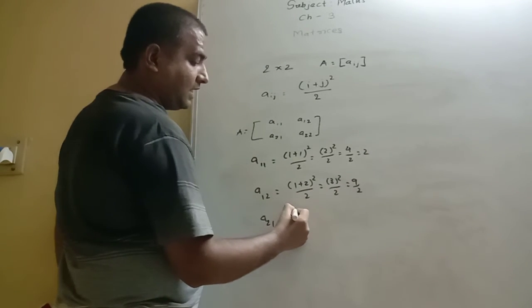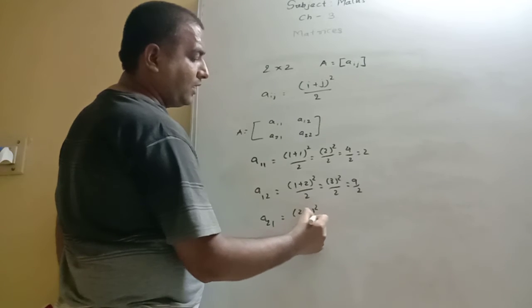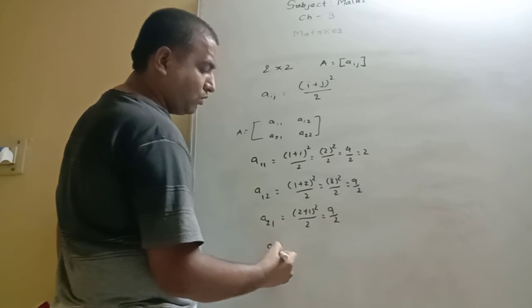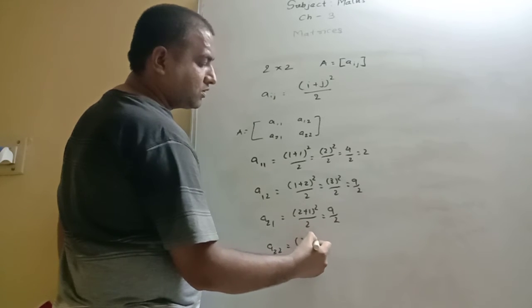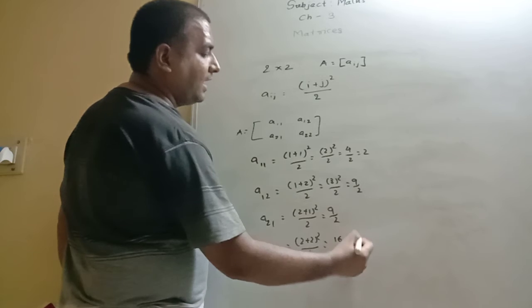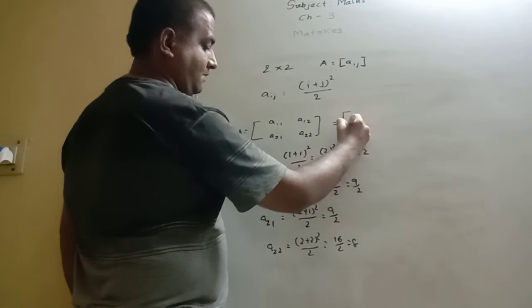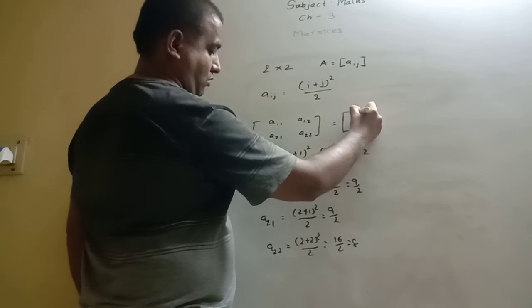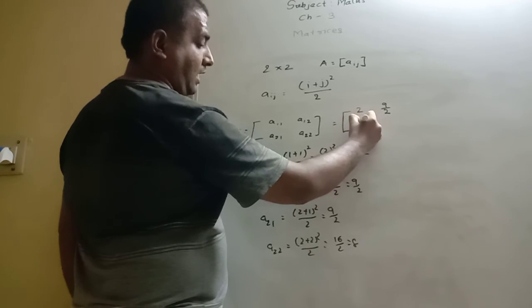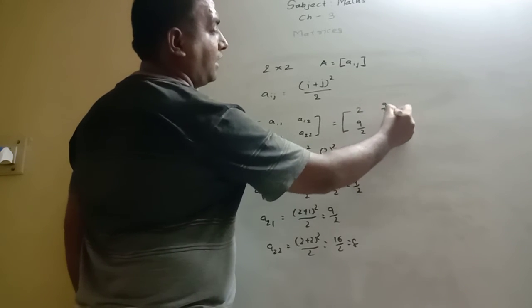A21, again (2 plus 1) square by 2, same, so 9 by 2. A22: (2 plus 2) square by 2, 4 square 16 by 2, 8. So the 4 entries are 2, 9 by 2, 9 by 2, 8.